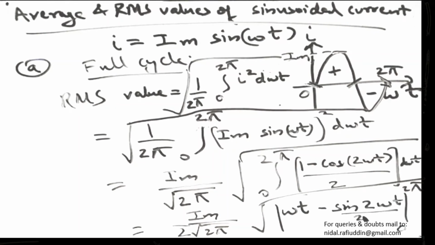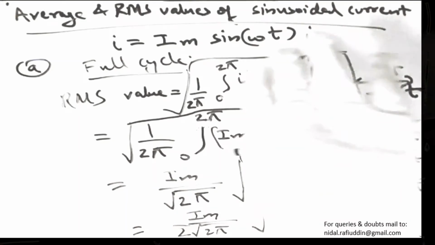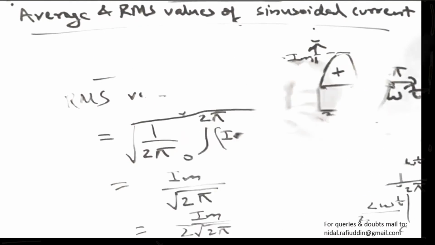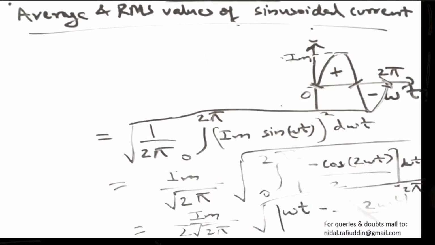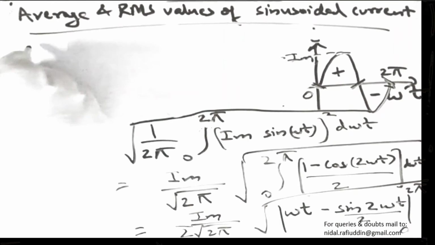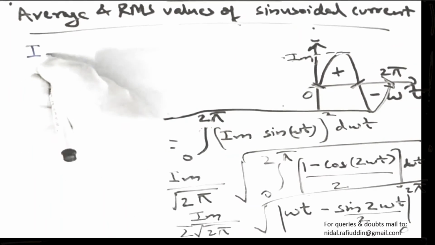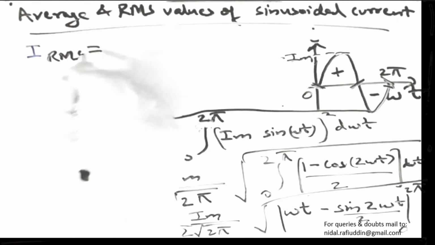Now if you substitute the values, in place of omega t as 2 pi, what we get is, let me write this here. We have I RMS. We're talking about RMS values for full cycle.